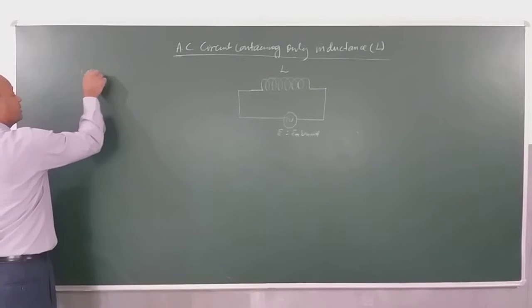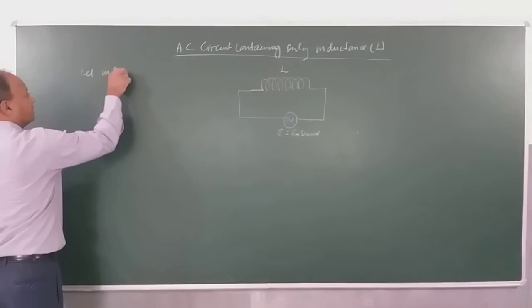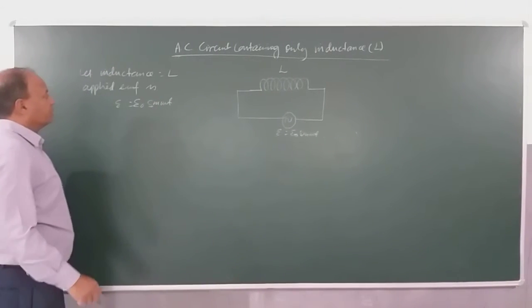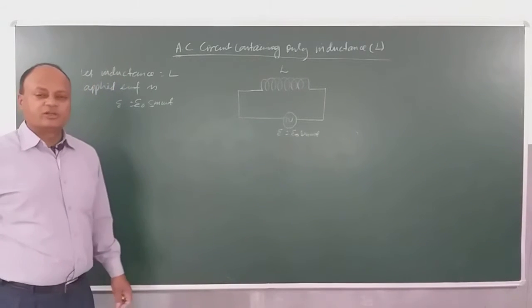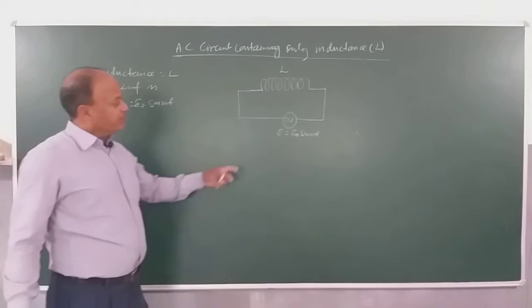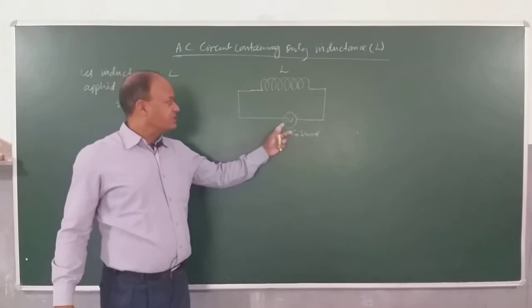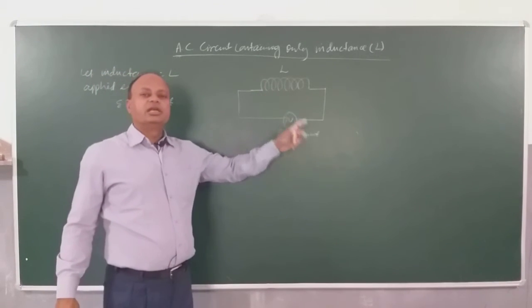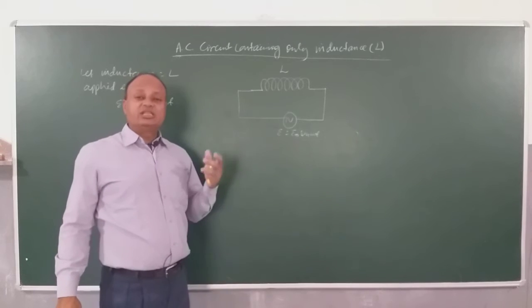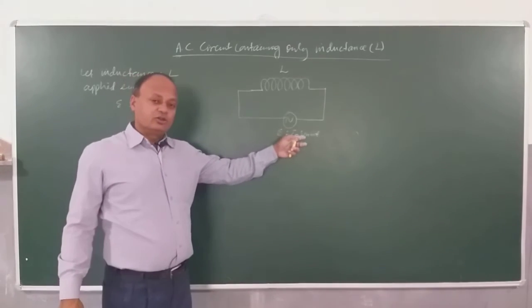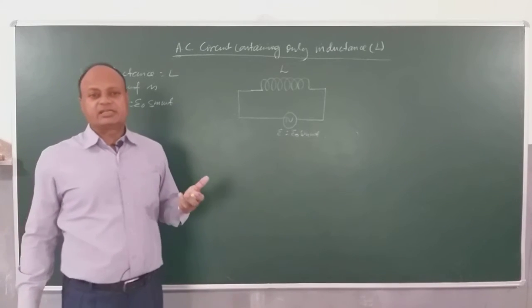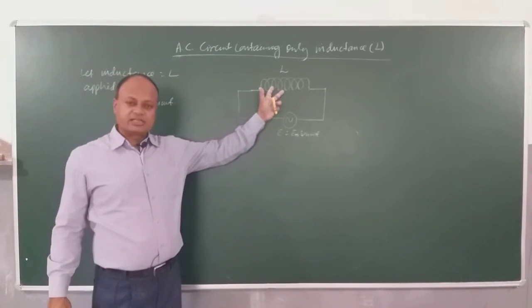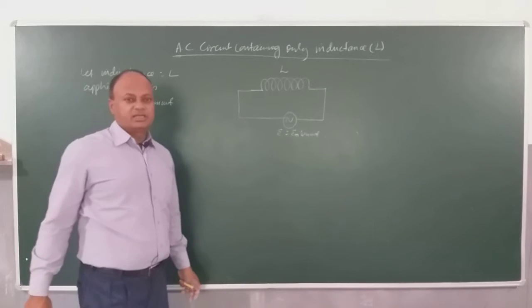So let, now children, inductance be L and applied EMF be equal to E naught sin omega t. Now when you set up this voltage, a current will flow through the inductor and then it will have an induced EMF, because you already know that alternating current sets up a varying current. Varying current will set up a varying flux and therefore there will be an induced EMF, right?